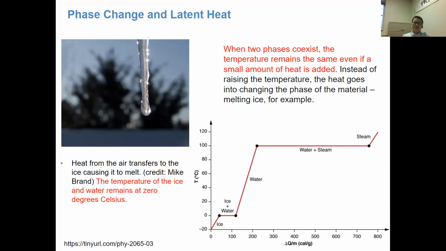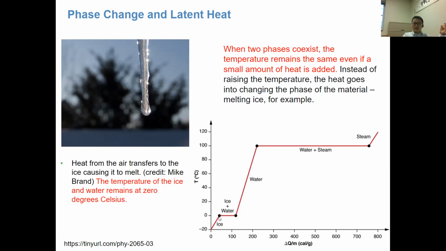Now, if you have a substance with a starting point, right? So let's say under 1 atm, you are starting from minus 20 degrees Celsius here, right? So you realize it's in a solid state, right? Now, if you add heat, then the solid ice, the temperature will increase, right? So now it might be somewhere, say, minus 15 degrees Celsius, and then keep adding heat into the ice, and keep increasing until you reach zero, right?